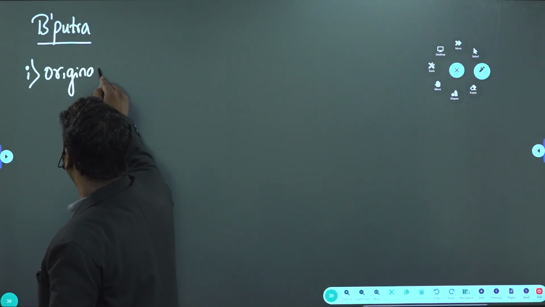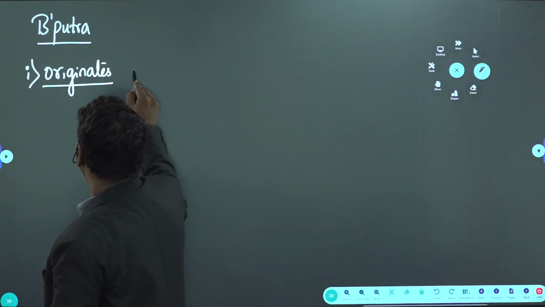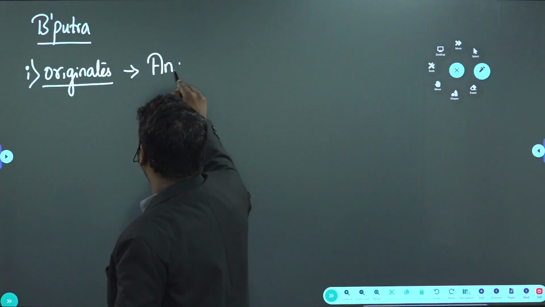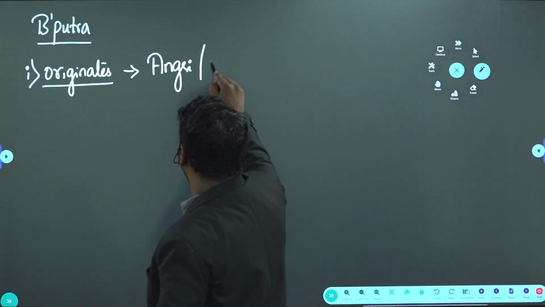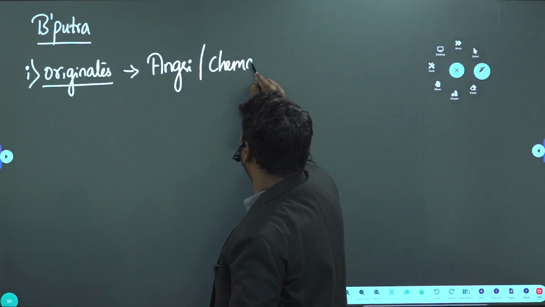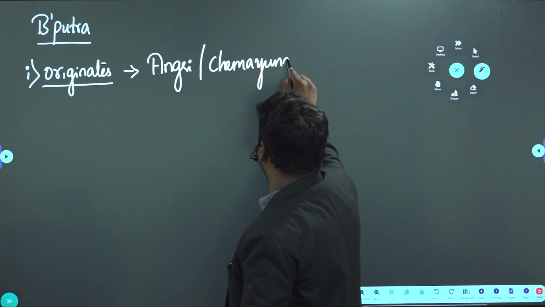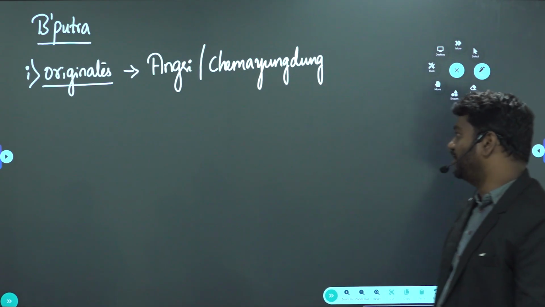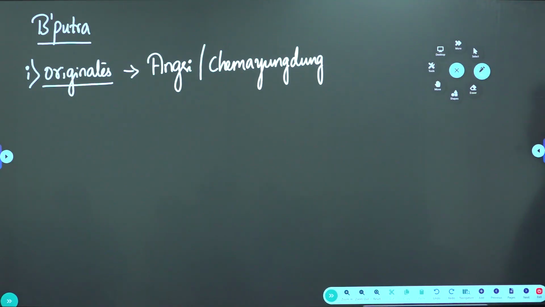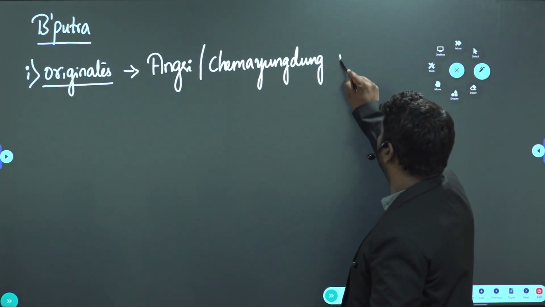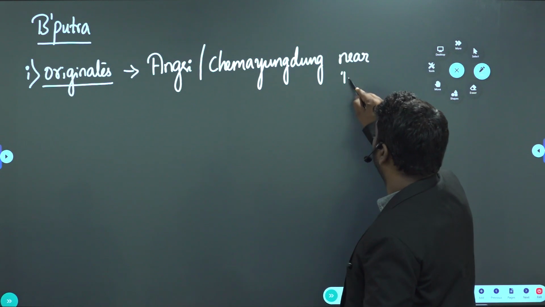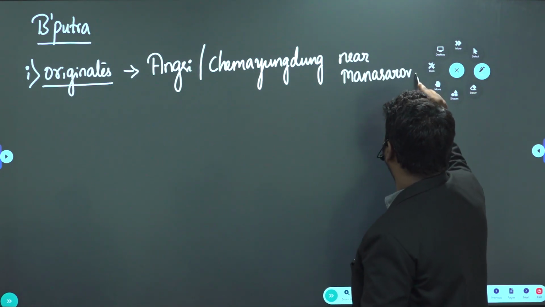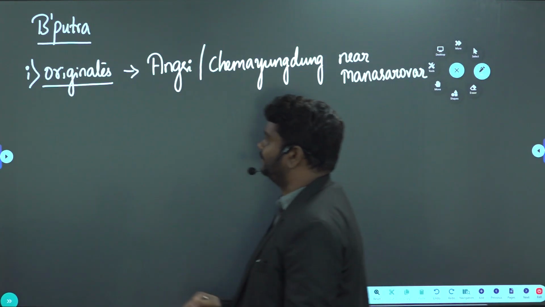Brahmaputra originates in Tibet, from the Chemayungdung Glacier near Manasarovar.